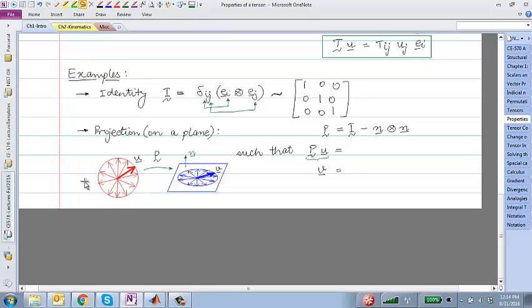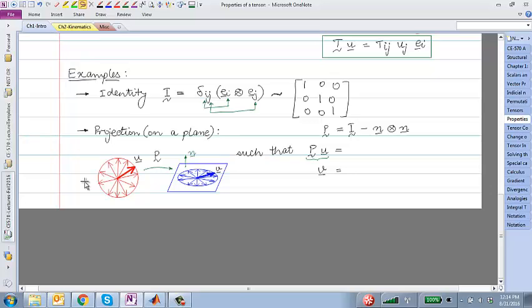Okay. So if you think about all of these possible vectors, all we are doing is projecting them onto the plane. And the result of all of this tensor operation is actually an ellipse in this case. It's not an ellipsoid, or it's a special case of an ellipsoid where really the third dimension is 0.